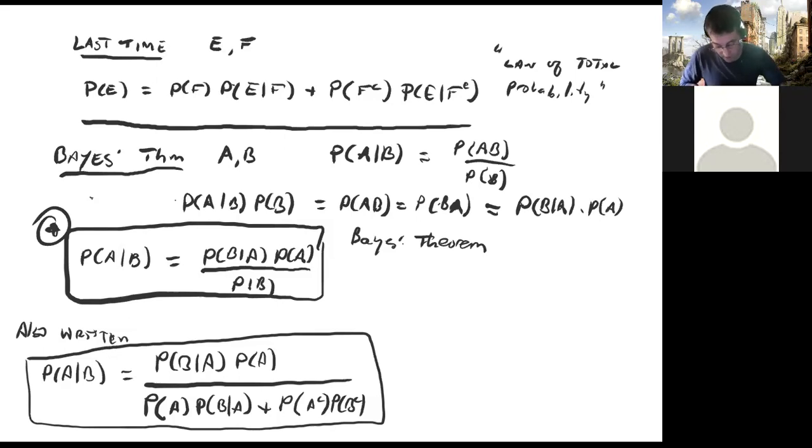Let me point out why this can be a useful formula. The event A is often called a prior, and the reason for that is usually you know something about A to begin with, prior knowledge.